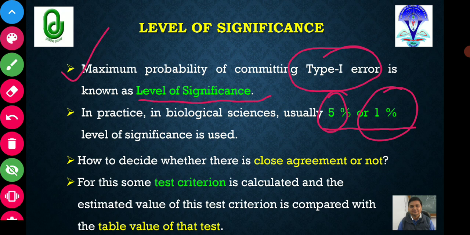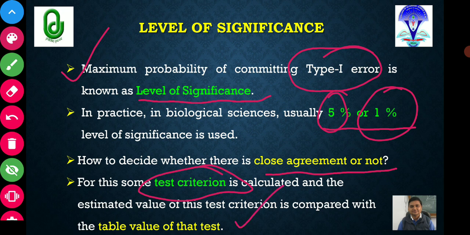So the question is how to decide whether there is close agreement or not, whether the null hypothesis is true or not, whether the population parameter is close enough to the sample parameter or not. So how will we decide? For this, some test criteria is calculated. We have already discussed that the estimated value of test criteria is compared with the table value of the test.